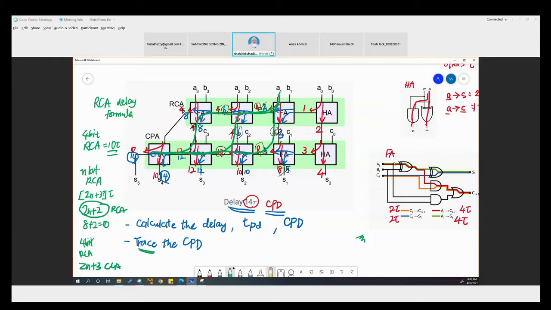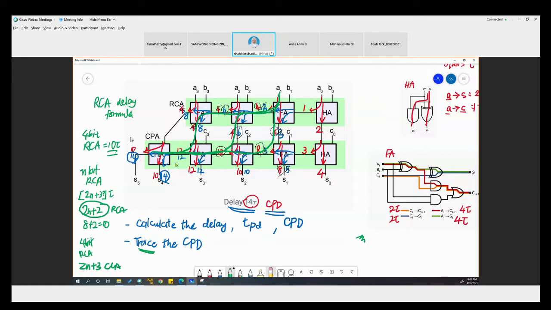Right, so we have different paths here, different connections. For RCA, the connection ends at the S here. But in this circuit, S has connected to another circuit, so we have to find the new path and then find the delay of the path.